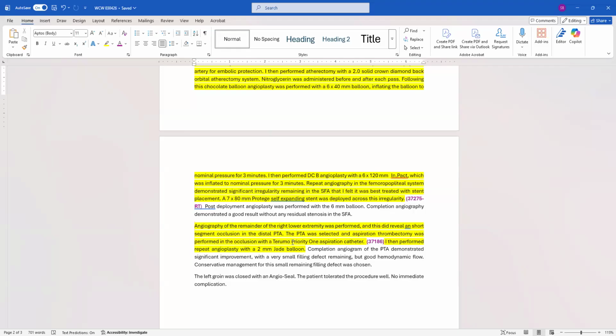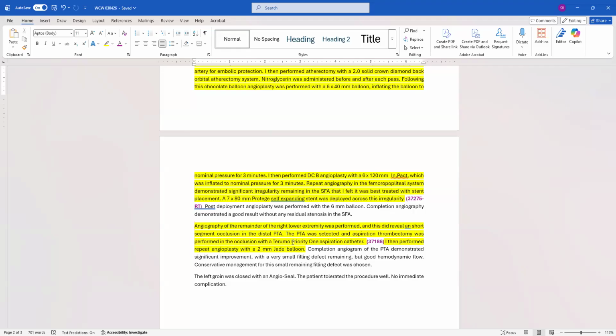So I went ahead and added the 37186 for the thrombectomy. And I just want to remind everybody, while we're on the topic of thrombectomy and atherectomy, that the NCCI manual says that when atherectomy and thrombectomy are performed in the same territory, the thrombectomy is going to be bundled with the atherectomy.